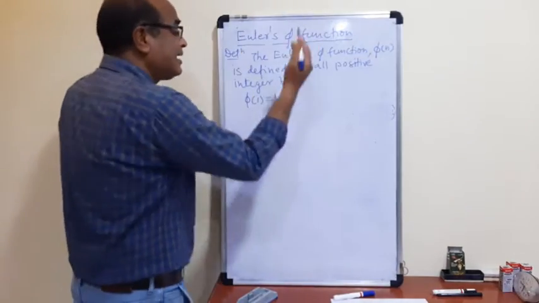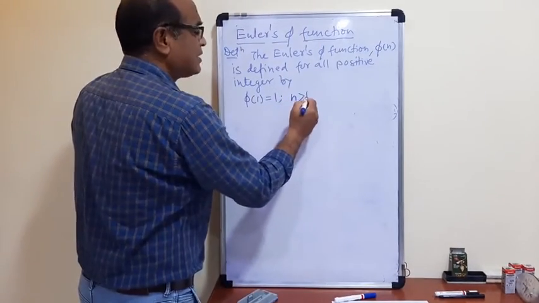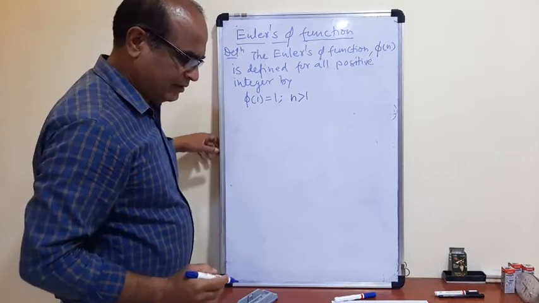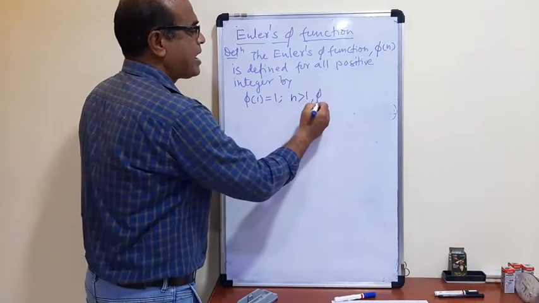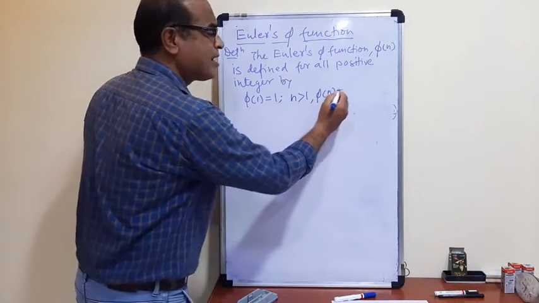But if n is greater than 1, then what is phi n?